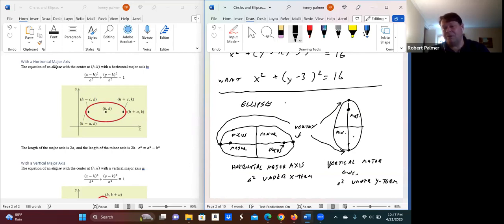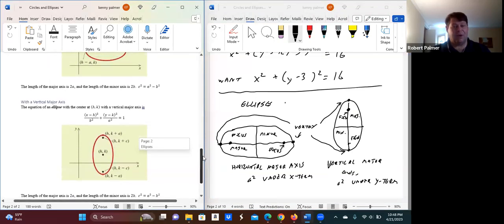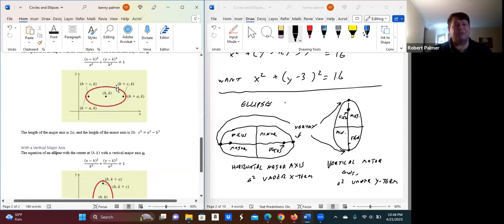So this is a focus, and this is also a focus right here. Those are also important points of an ellipse. And as you see, this gives us the equations or relationships of these.